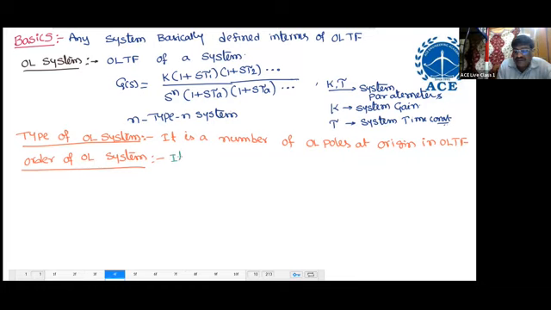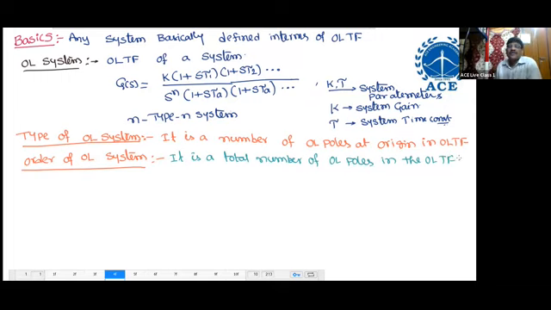It is the total number of open loop poles in the open loop transfer function. So if the system is open loop, type represents the number of poles at the origin in the open loop transfer function, and order represents the total number of poles in the open loop transfer function.